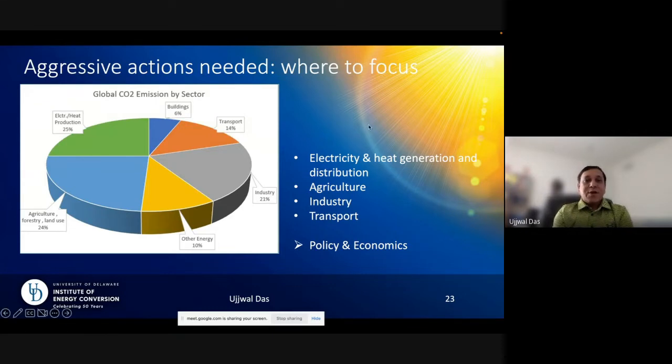So in this pie chart I'm plotting the global CO2 emission by energy sector currently, and as you can see, the electricity and heat generation and distribution is the most contributor, which is about 25%, followed by agriculture sector, and then industry and transport. Now, to reduce or to affect all of these influences, we definitely need policy changes and the economic considerations. So policy and economics plays an important part to make this sustainable.